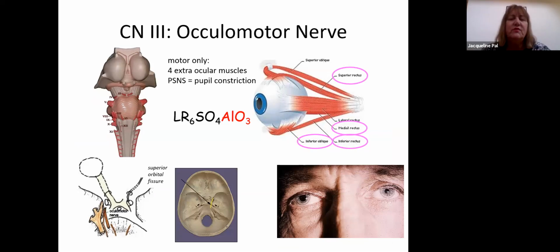In addition to moving those 4 muscles, it is also responsible for contracting the muscles that surround your pupil so your pupil gets smaller. So when we come back and learn about special senses, you'll learn the names of all 6 muscles, and the 4 that are innervated by this nerve are the 4 that I have circled in purple right here.